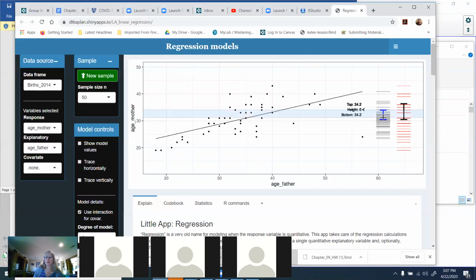So what this blue line represents here is the standard deviation of the model values. What values the model gives us. I can actually trace this horizontally so you can see that these were the values that the model gave us. So this is the standard deviation, how much variability there is in the model values.